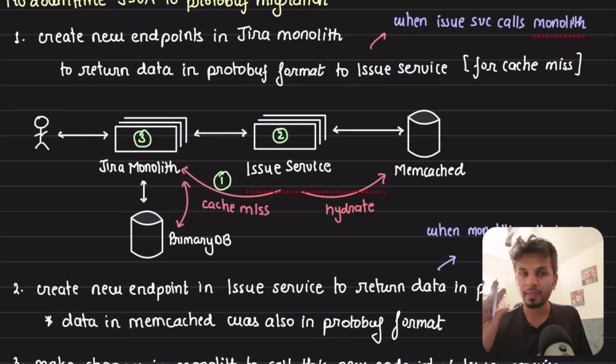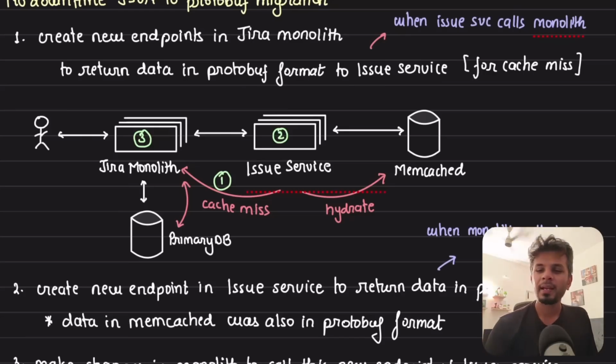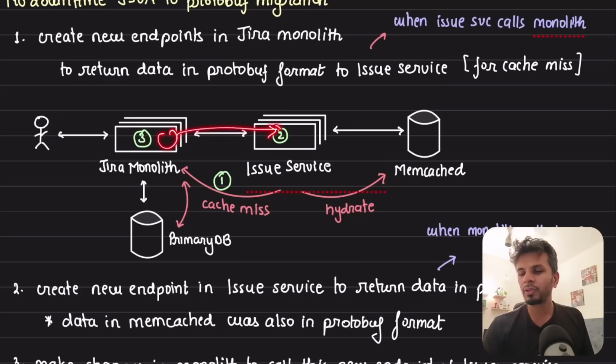This is the flow. Let me explain one more time. Imagine your request came over here to read an issue with a particular ID, let's say 123. Because it's a read request on issues, Jira monolith sends it to issue service for issue 123. Issue service checks its database. If it has the data, great, serve it.